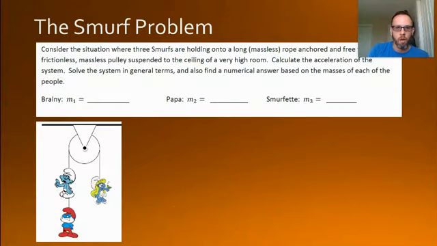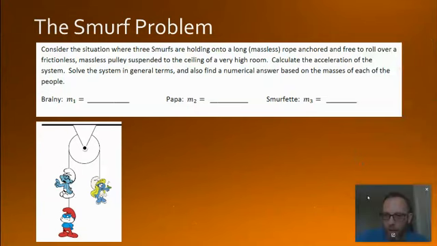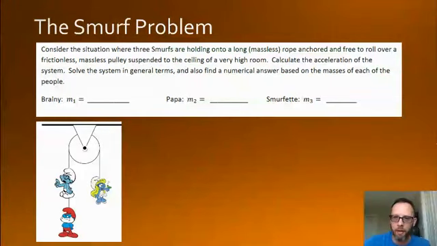All right, so we did an example with friction. We're now going to do an example with 3 different objects instead of 2, tying in pulleys. So just kind of ramping things up and broadening our horizons a bit. When I do this question with my students, I usually on the fly just make up masses for Papa Smurf, Brainy Smurf, and Smurfette. So we're going to do that too.